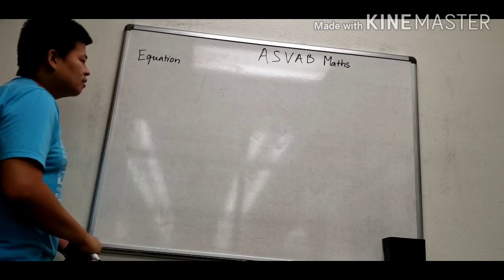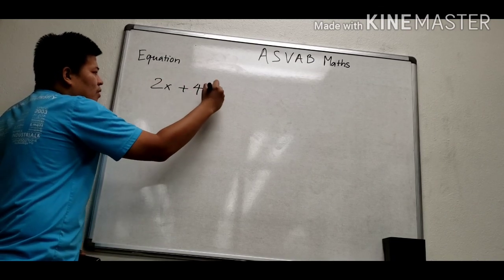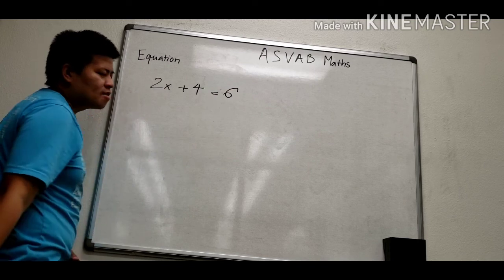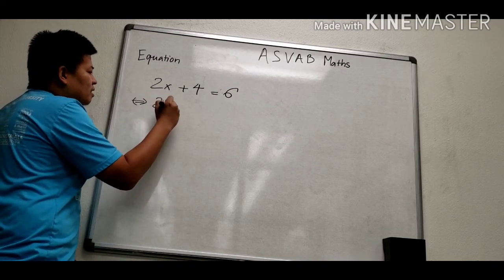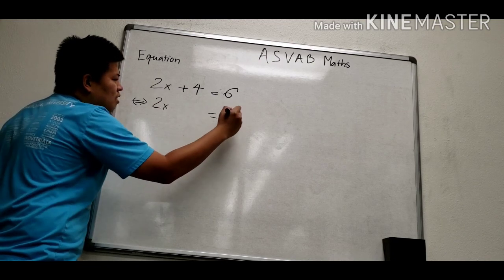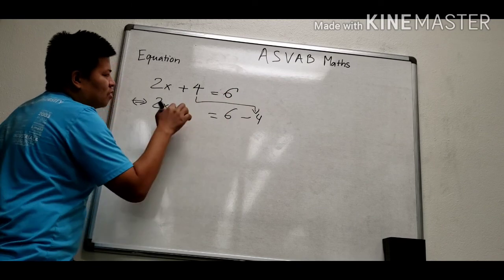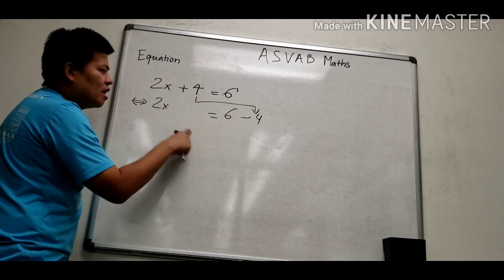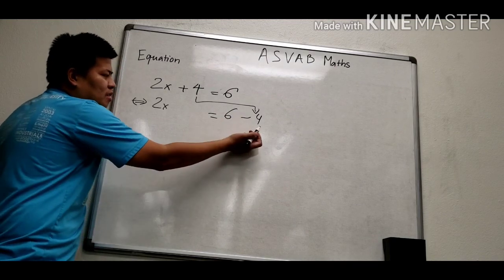Now the next one, we have 2s plus 4 equal to 6. And this one we have 2s equal to 6 minus 4, because we move number 4 in here, so that the positive side will change to the negative side. So we have 6 minus 4.